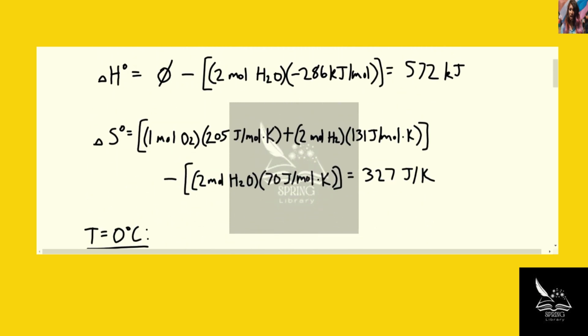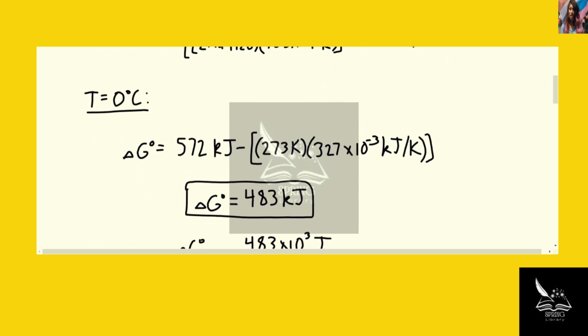And now we do the same for a temperature of 90 degrees Celsius. We use the same values for delta H and delta S that we calculated, since they are independent of temperature by assumption. So delta G at standard conditions is equal to delta H, which again we found was 572 kilojoules, minus T, the temperature 90 degrees Celsius, this time corresponds to 363 Kelvin.